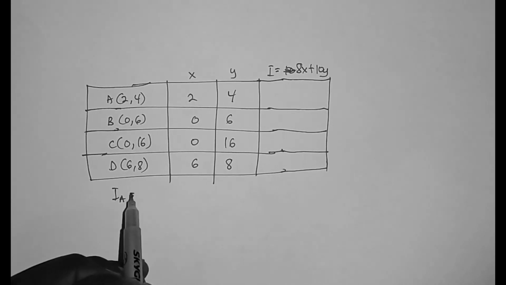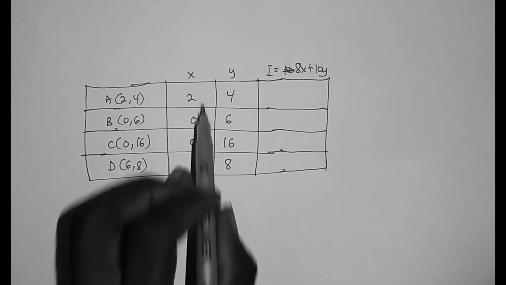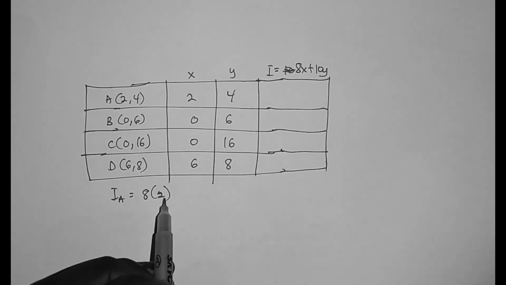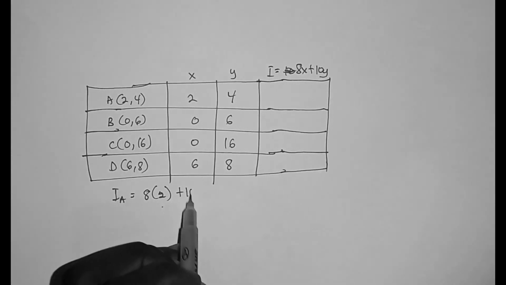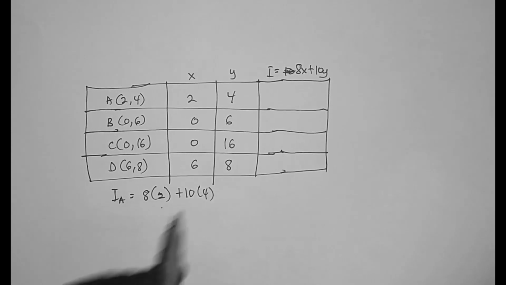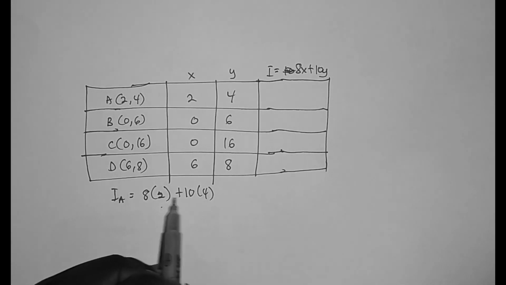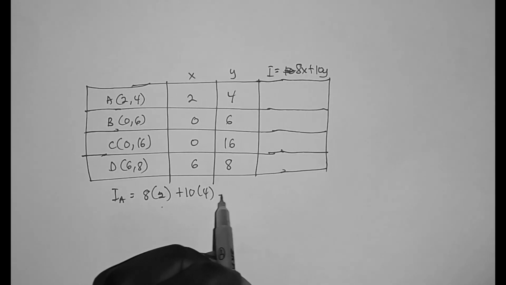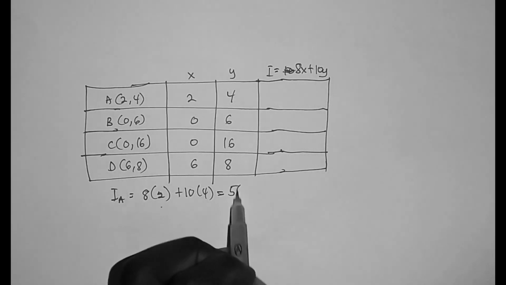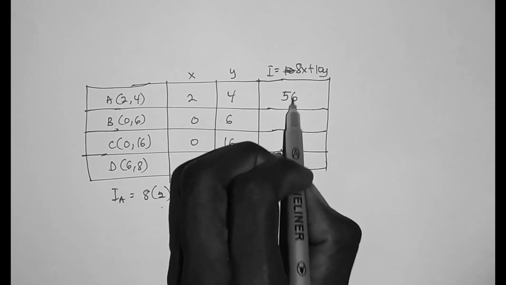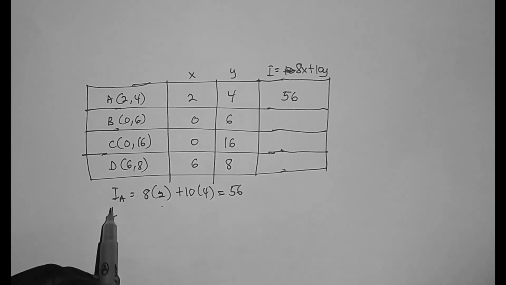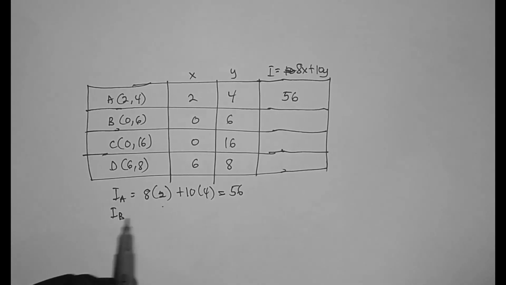It is going to give us 8 times the x value, which is 2, plus 10 times the y value, which is 4. So 8 times 2 is 16. 16 plus 40 is going to give us 56. So here is 56.